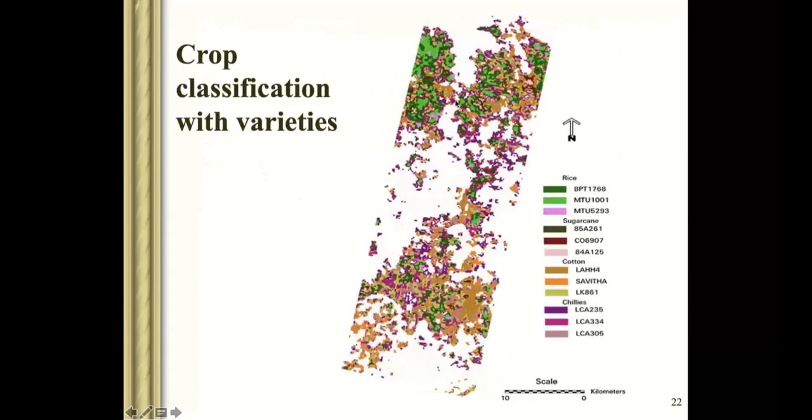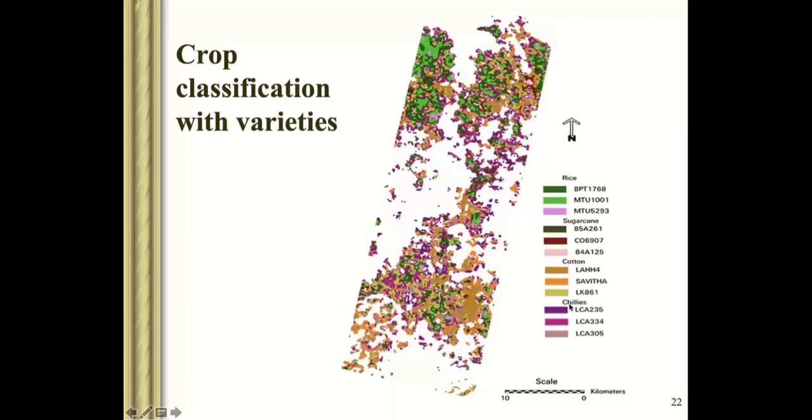So after taking the spectral signatures of different varieties, like here, in fact, we have different rice varieties also. If you see, we have different types like BPT and MTU, different rice varieties. We have different sugarcane varieties, cotton varieties, chilli varieties. Even within your crop type, you can do species-level discrimination.